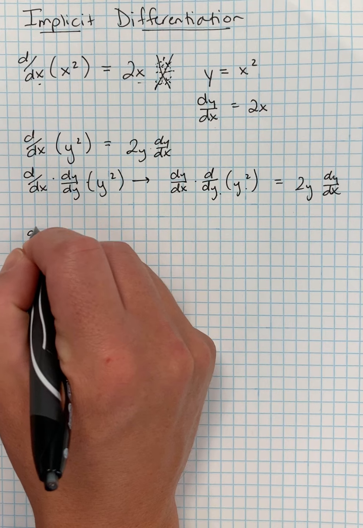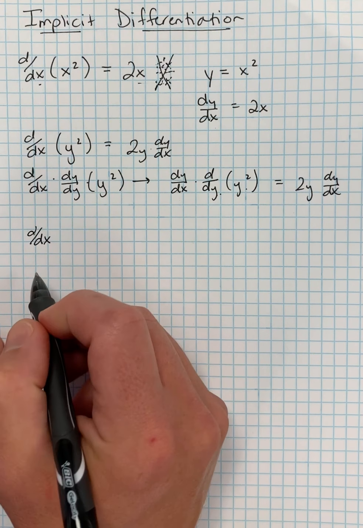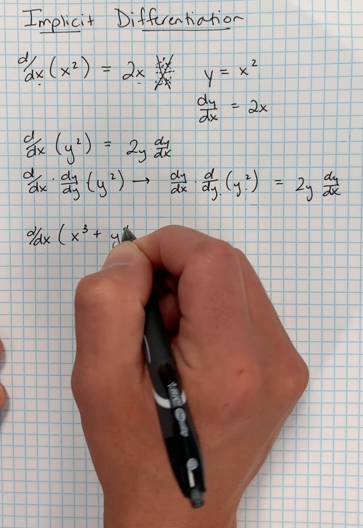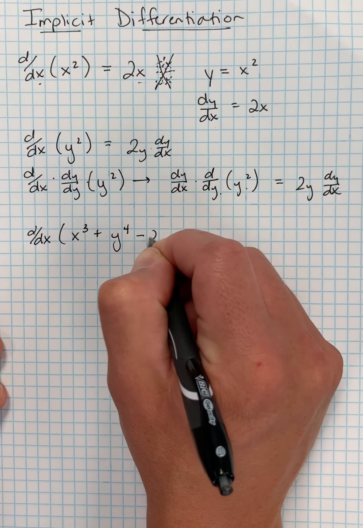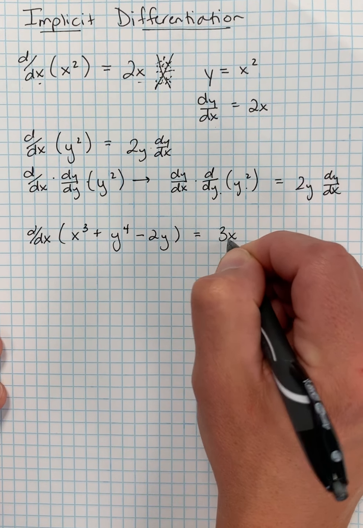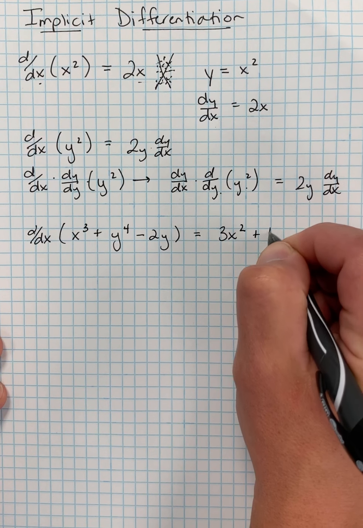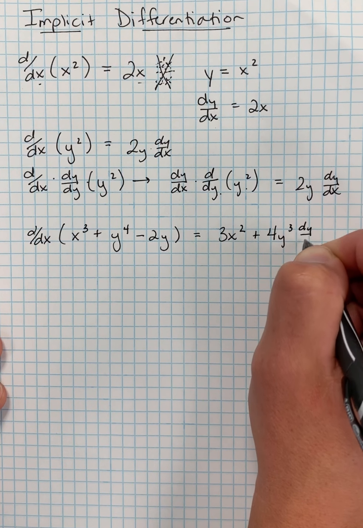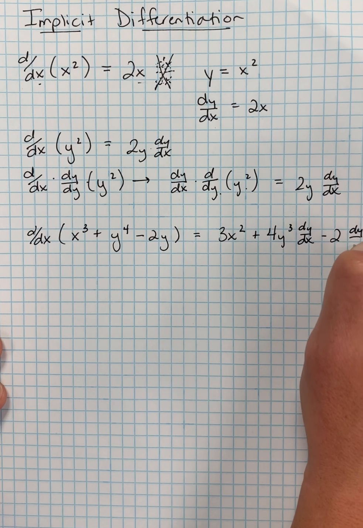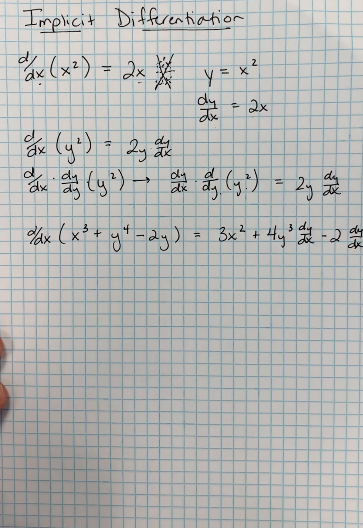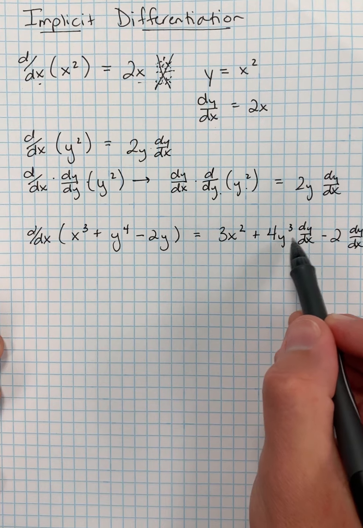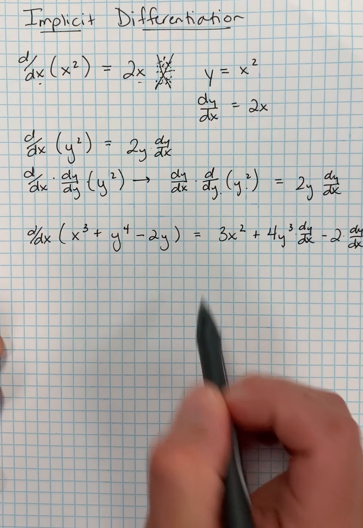If we use another example, where we take the derivative with respect to x of x cubed plus y to the 4th, say minus 2y, we end up with a derivative that is 3x squared plus 4y cubed dy dx minus 2 dy dx. And you can see we get this byproduct, so to speak, this dy dx, this differential, every time we take the derivative with respect to y.